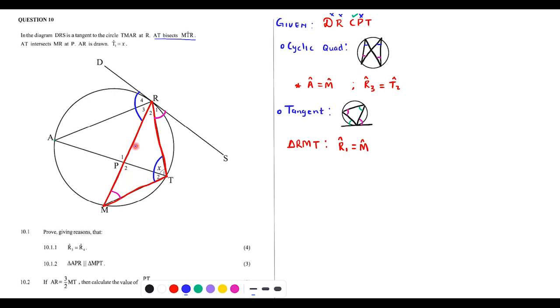So in this case we say R3 plus R4 is equal to T1 plus T2. Alright, now is there another triangle here? Yes, there is another triangle. So let's draw that one. We're done with this triangle. Then another one, it is RAT.